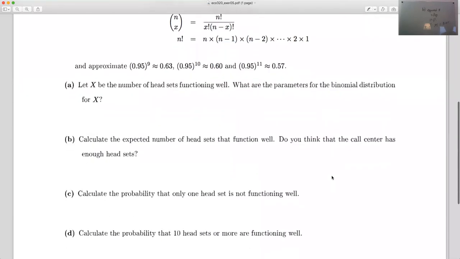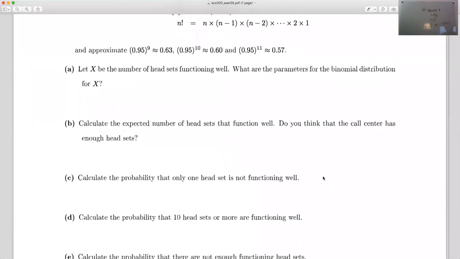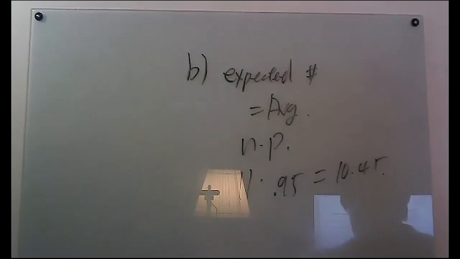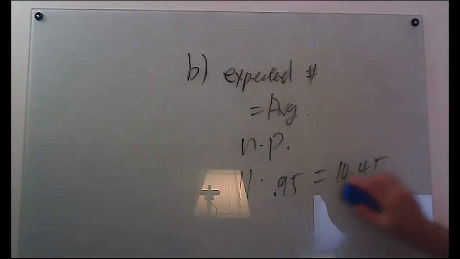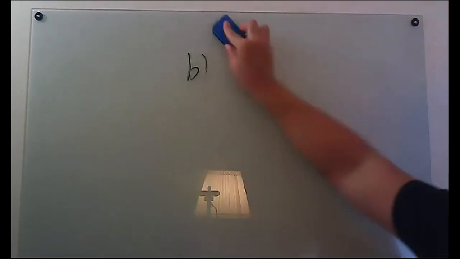The answer for C: calculate the probability that only one headset is not functioning well. You first have to think about the question. I'm asking for the probability that only one headset is not working.